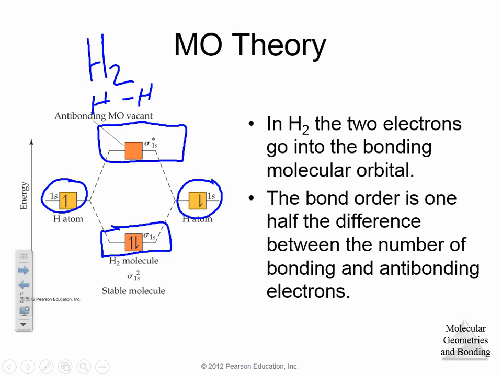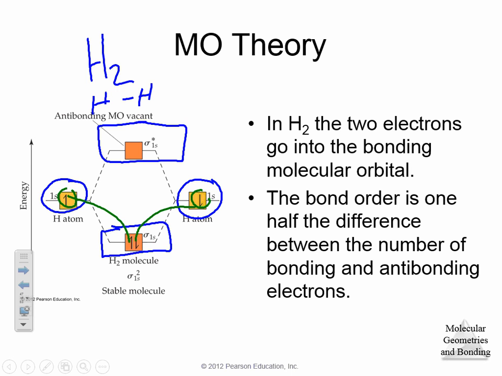This electron is going to go down right here, and this electron's going to go down right here, and we have completely filled the sigma orbital, which is fully in the bonding shell, which means this could happen.